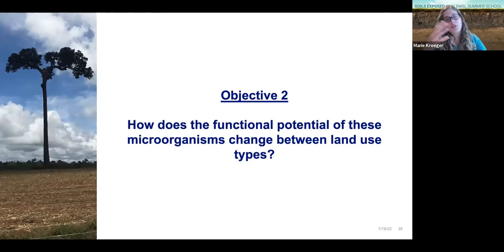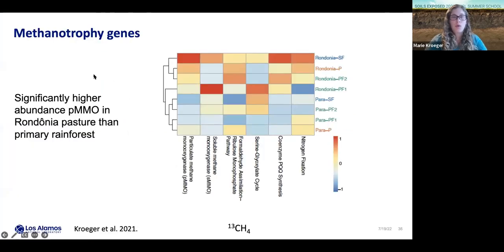So how does functional potential change? We've talked about community composition. How do the genes associated with methane cycling shift between these different land use types? What we found was that really none of the methanotrophy genes were significantly changing, at least not as we expected.